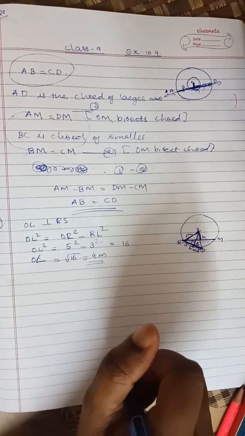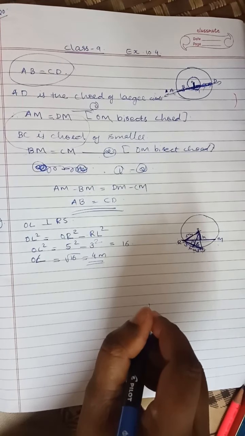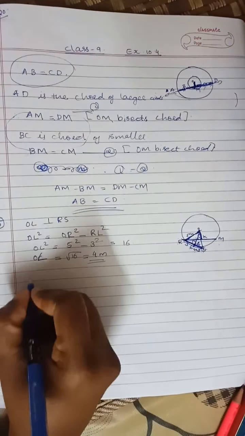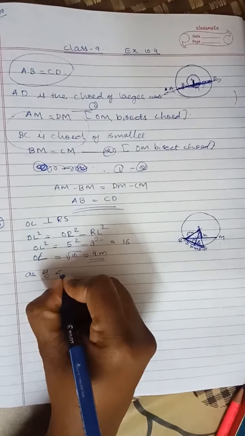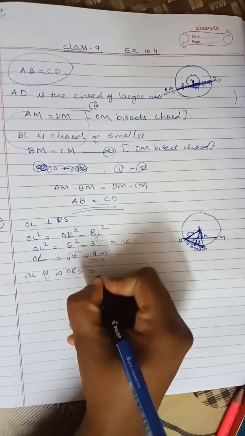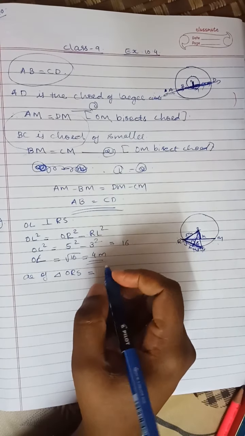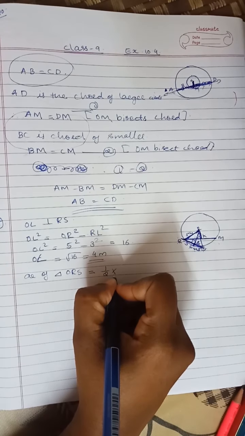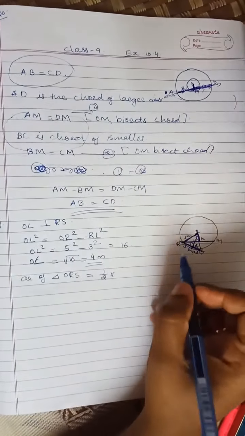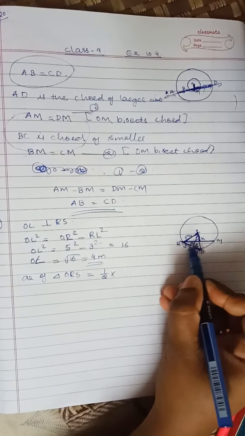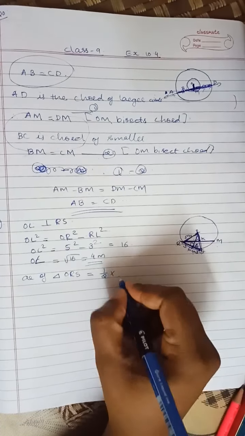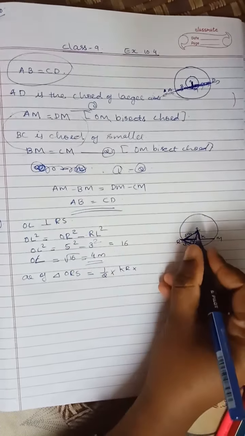Okay. Next I am calculating the area of triangle ORS. Area of triangle ORS is equal to, what is the equation? Half into base into height. So half into, taking this KR as the height of this triangle, half into KR into OS.